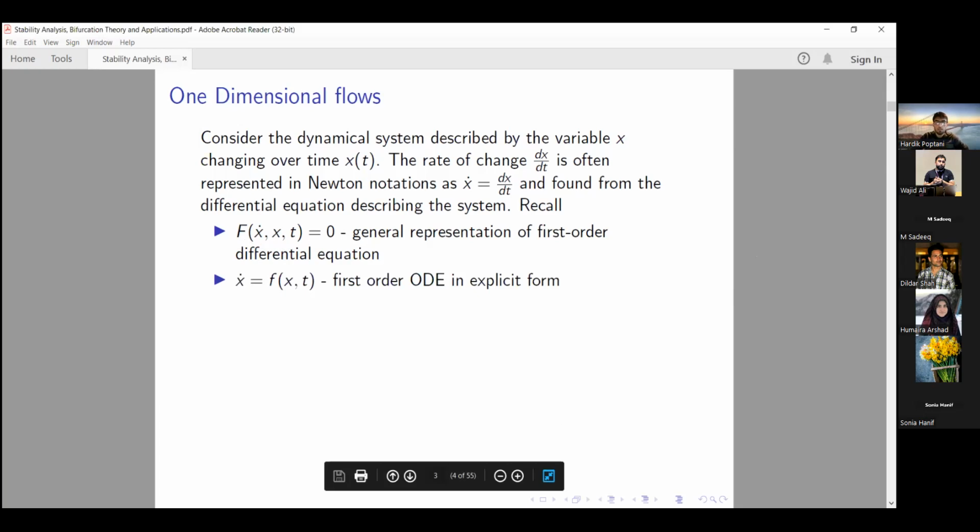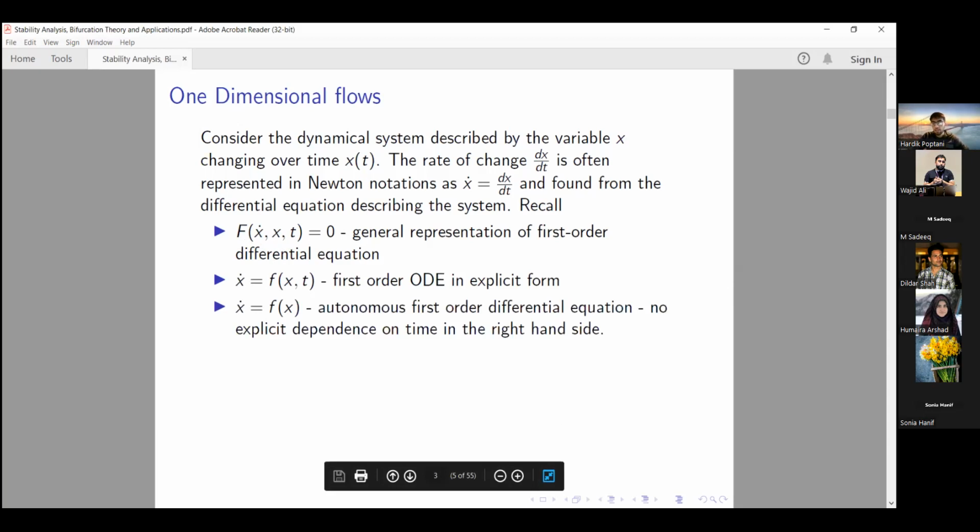Then afterwards, x dot equal to a function f of x and t, two variables, is just a first order ODE in explicit form. If x dot is equal to f of x only, and there is no t explicitly written, then this is known as an autonomous first order differential equation.